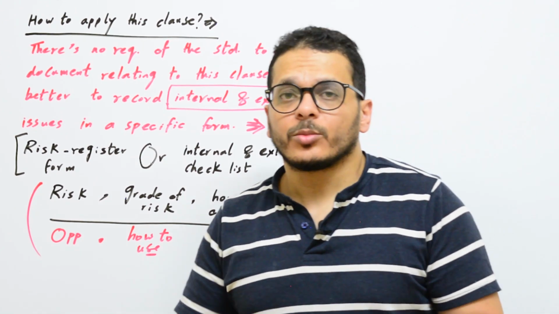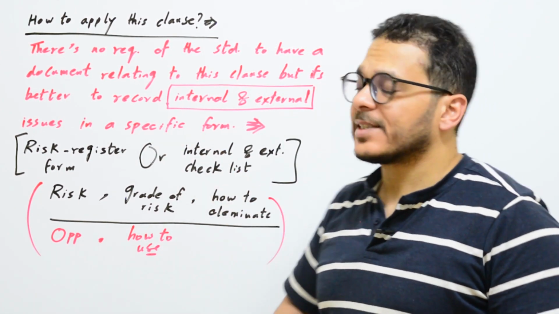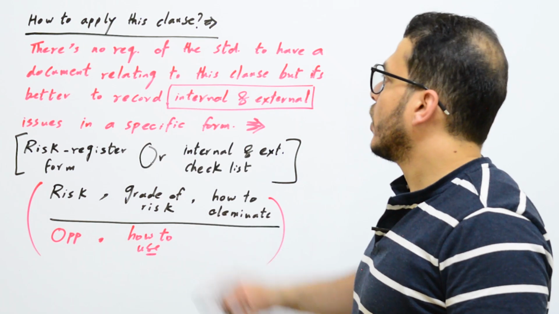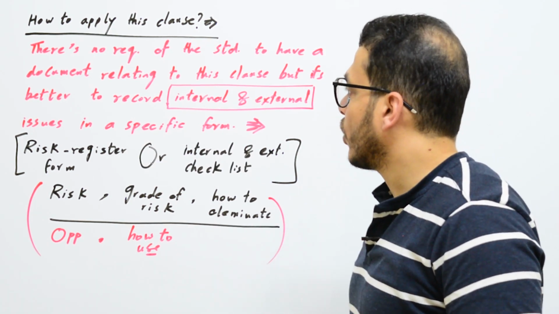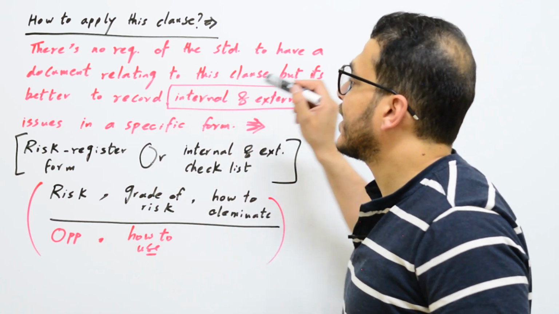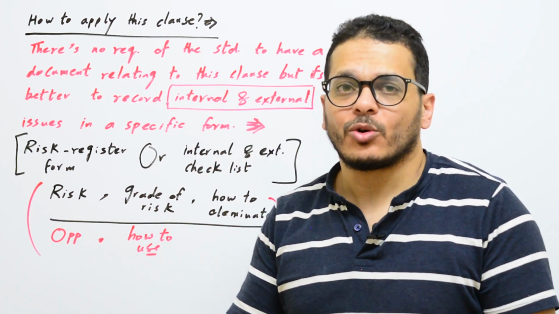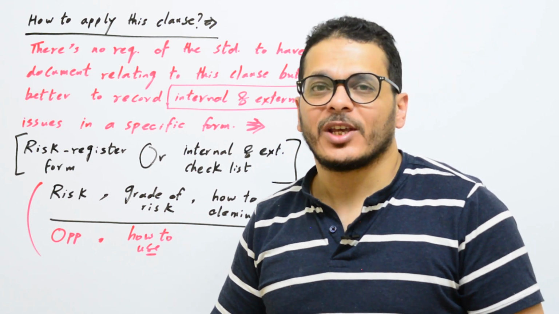And the most important point in this lecture, how to apply this clause. There is no requirement of the standard to have a specific document relating to this clause, but it's better to record all external and internal issues to be reviewed.